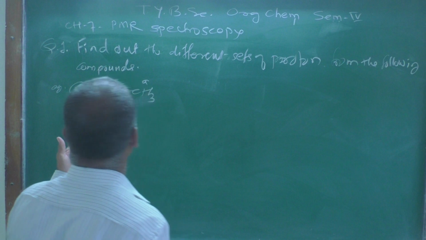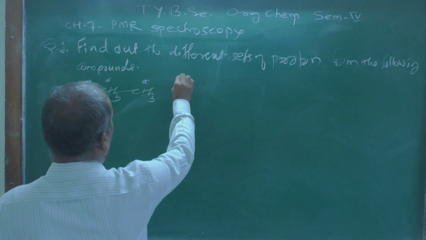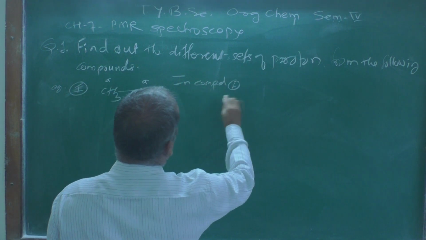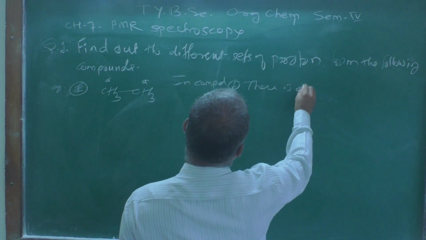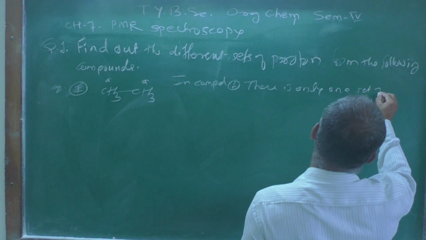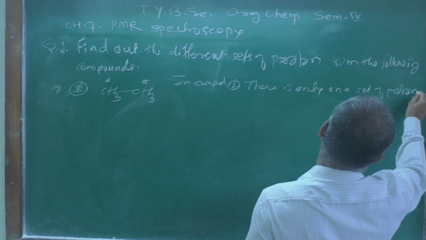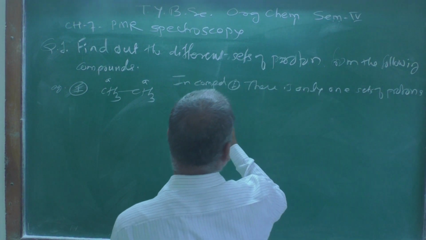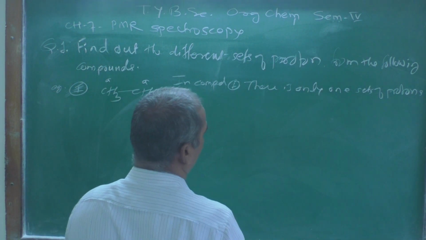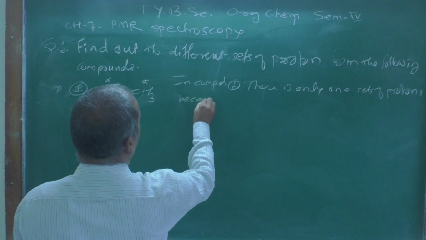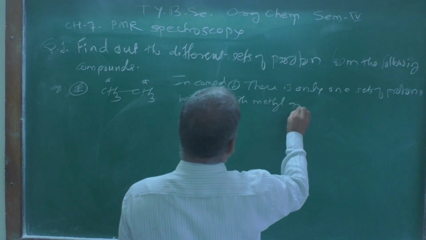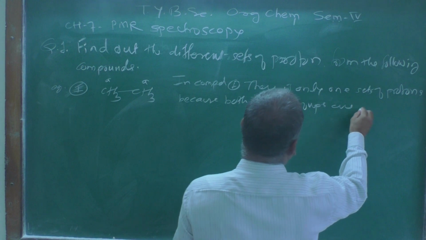How to write the answer? Just write: in compound first, there is only one set of protons, because both methyl groups are identical.